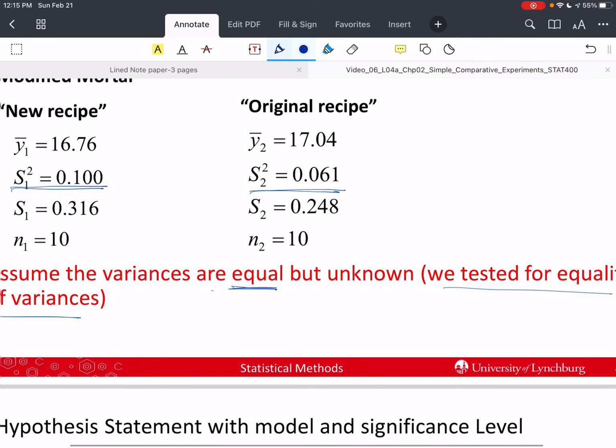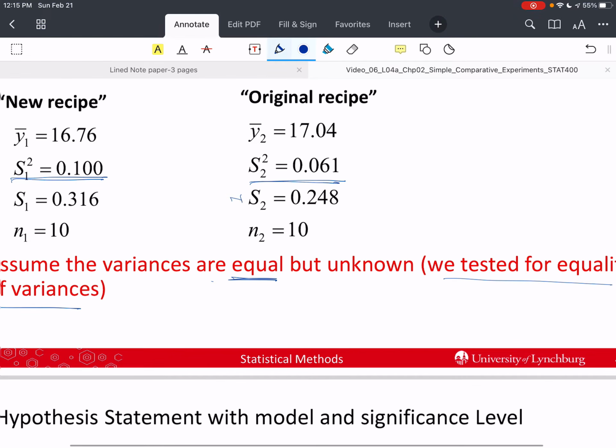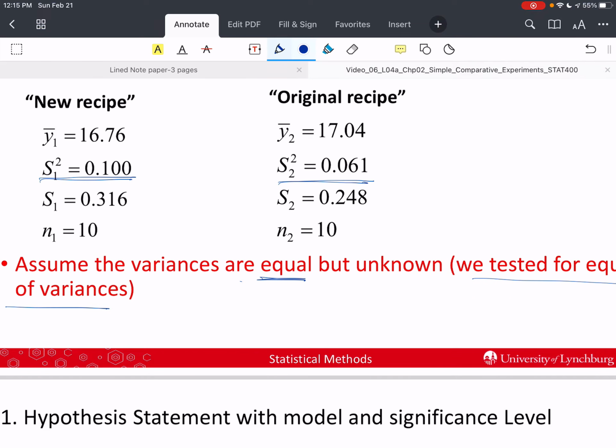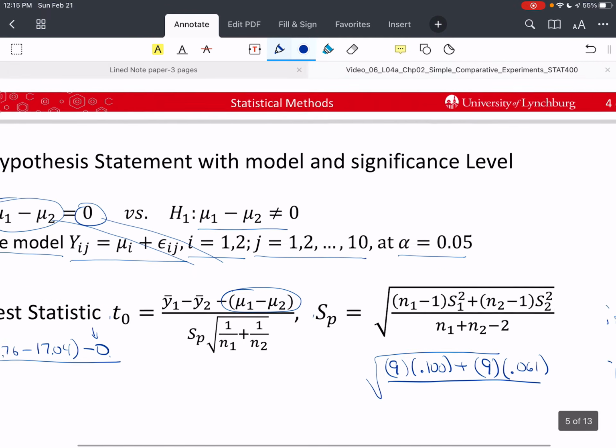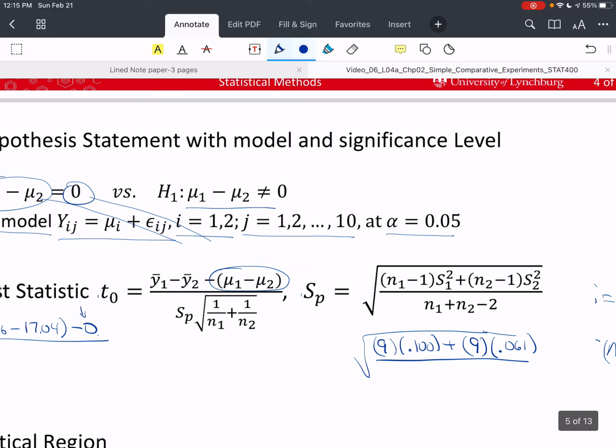Since we're using the squared, we don't need to use this value. These values of S that the authors have given are rounded values, so I don't use them unless I need to, because I'll get slightly different results. So it's more accurate to use S1 squared equals 0.1 and S2 squared equals 0.061. And so that's what I've done. And then n1 plus n2 minus 2, that's 10 plus 10 minus 2, that's going to be 18.